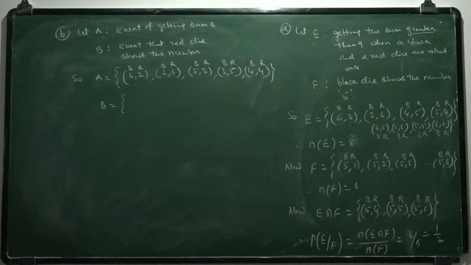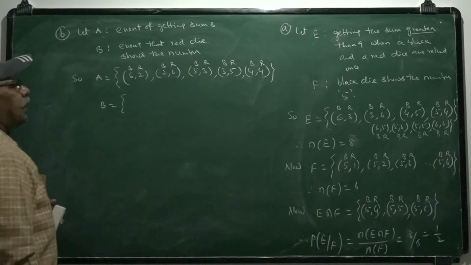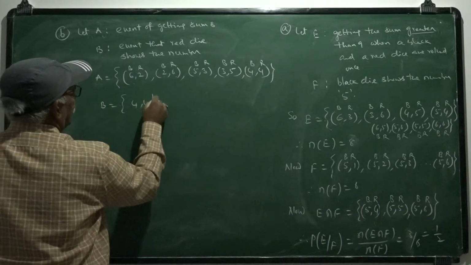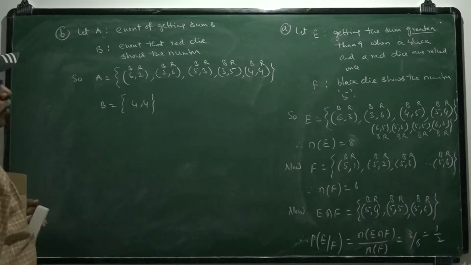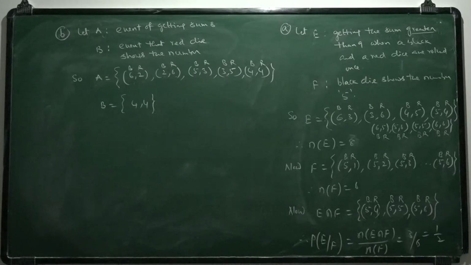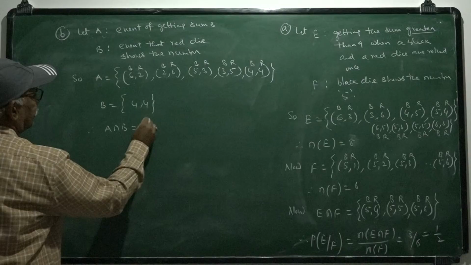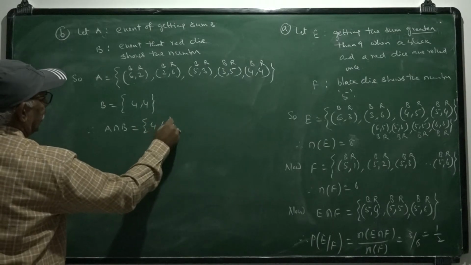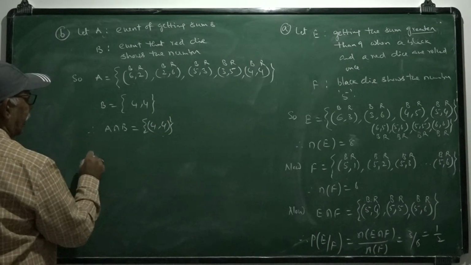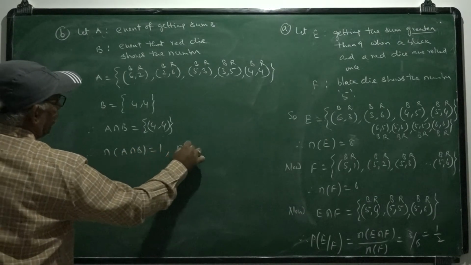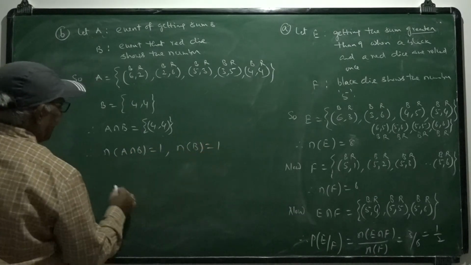B stands for the event that the red die shows the number 4. That is possible in the case 4 comma 4. Therefore, A intersection B is 1. It contains only one element. N of A intersection B is 1 and N of B is also 1.